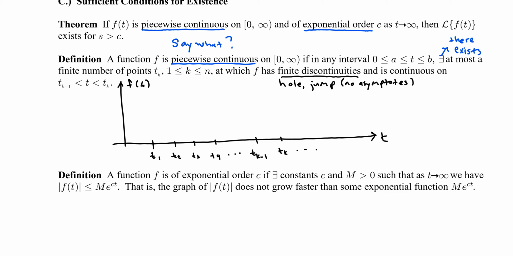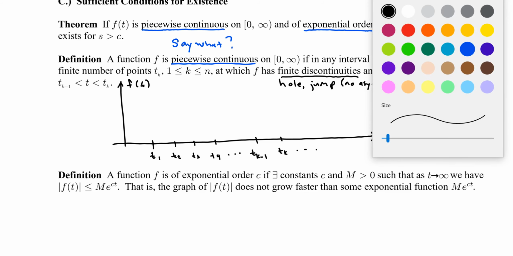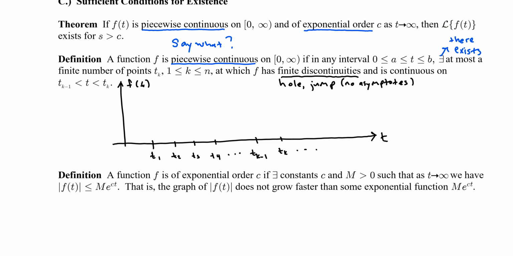Okay, now our function is going to be piecewise continuous if it has a finite number of discontinuities on any subinterval. So for example, our function may do something like that on the first interval, and then it may do something like this. We say that it is piecewise continuous. It may have a jump here as well, and this may continue throughout the entire graph.